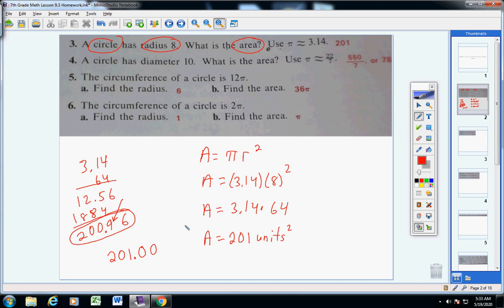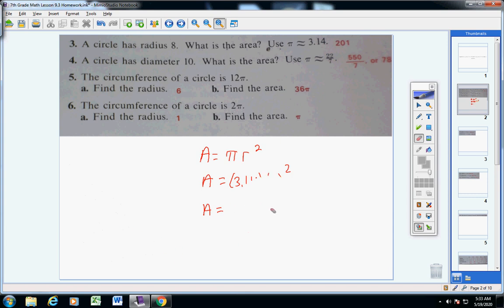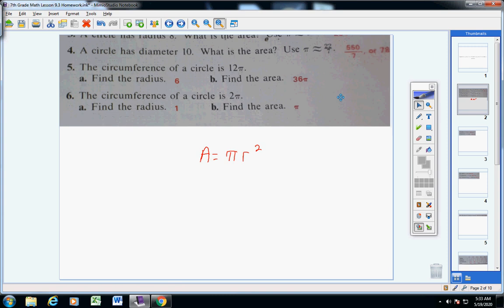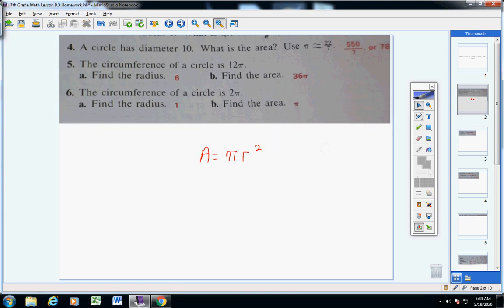Okay? Alright, moving on to number 4. Alright, number 4 says a circle has a diameter of 10. What is the area? Alright, so here we go. They tell us to use 22 over 7 for pi.